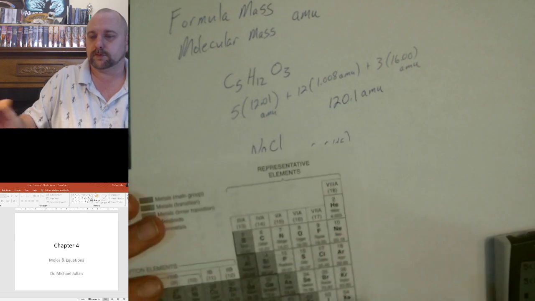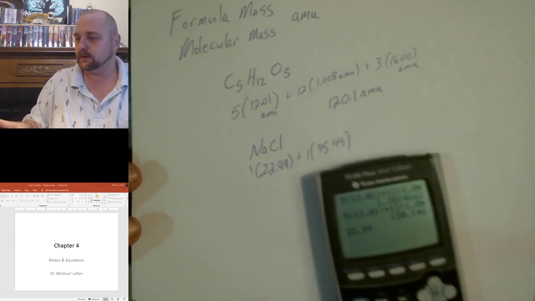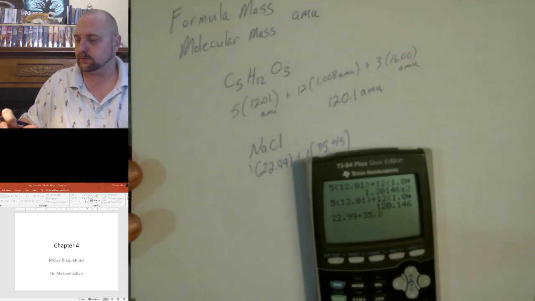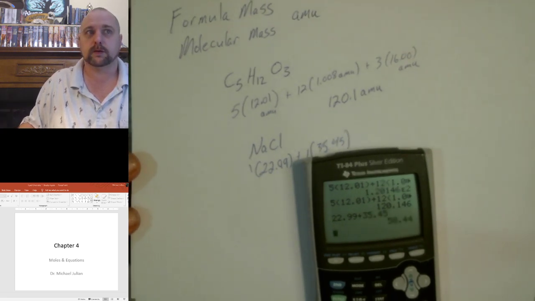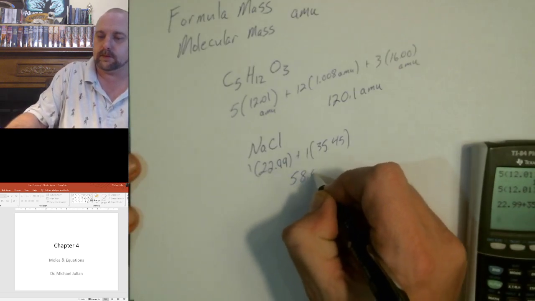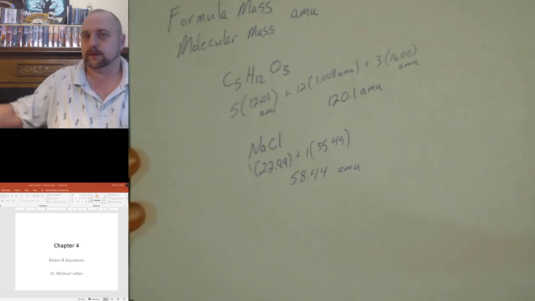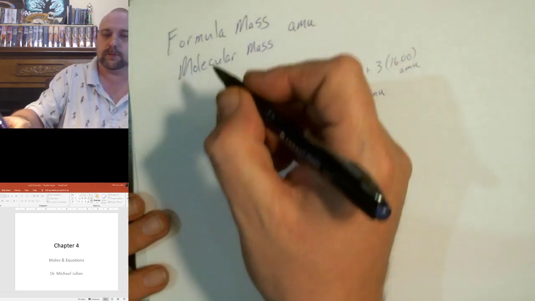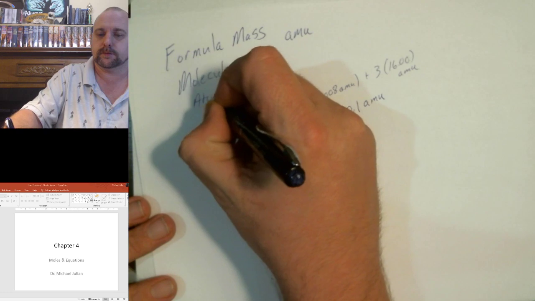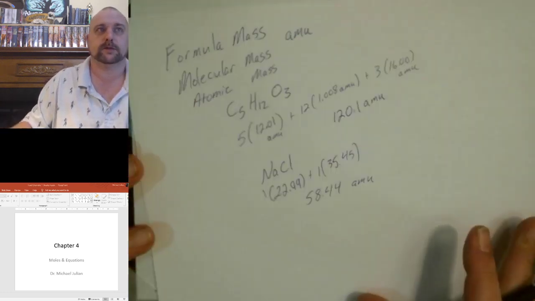And I'm just grabbing those numbers right off. 22.99 plus 35.45, 58.44 AMU. So I've got atomic mass, molecular mass, formula mass. All of those are in AMU, atomic mass units.